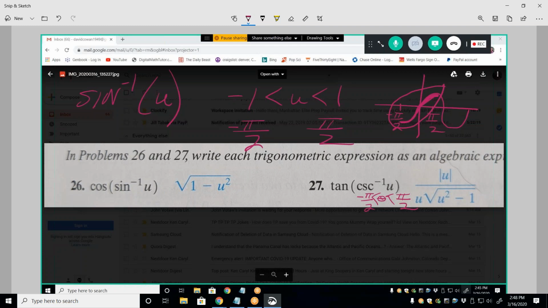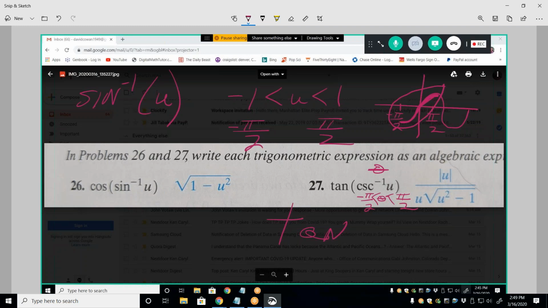The tangent of this angle that I'm saying is inside the parentheses. If the inverse cosecant is limited from minus pi over 2 to pi over 2, that's the fourth and the first quadrants, where tangent is positive in the first and it's negative in the fourth.